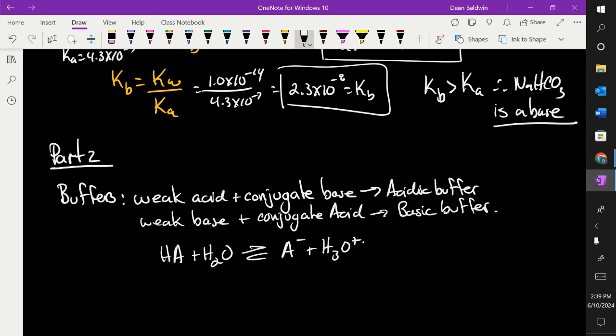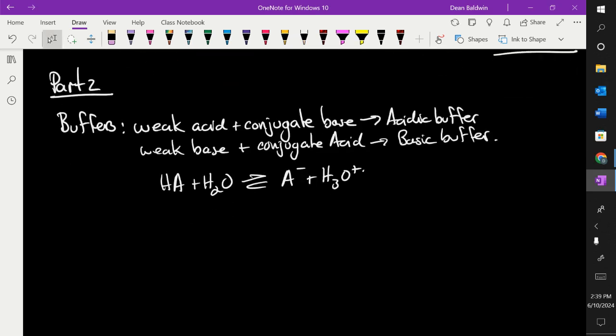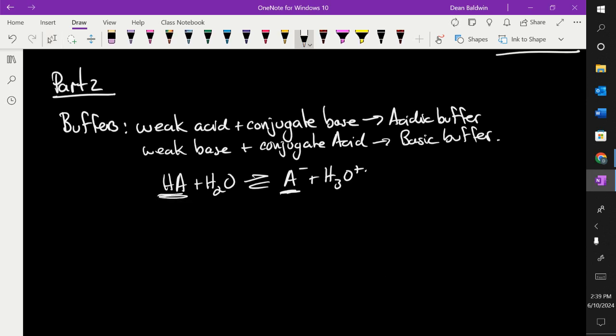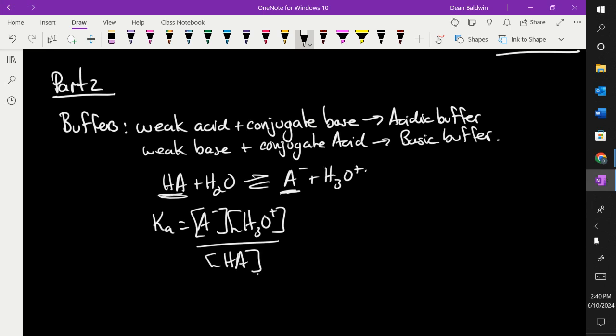So if that's a reaction, weak acid, conjugate base, Ka of this would be that.